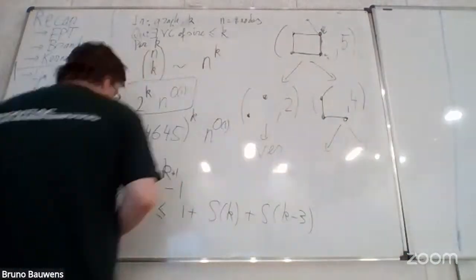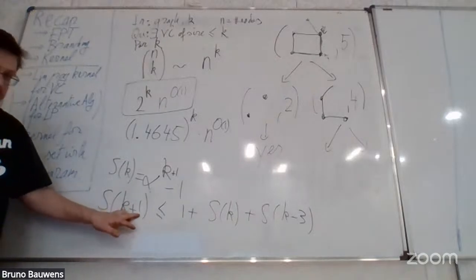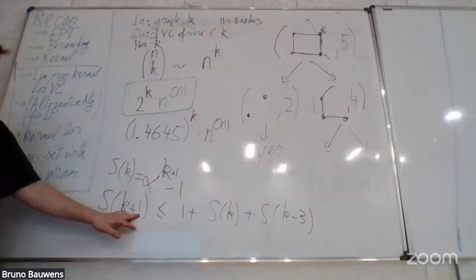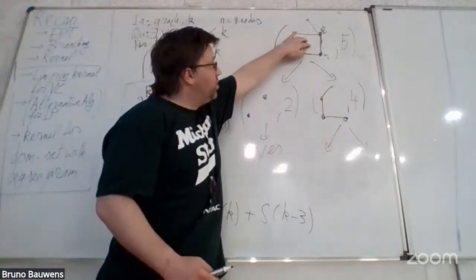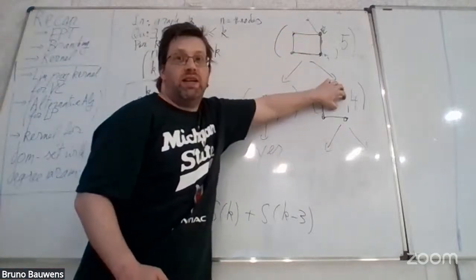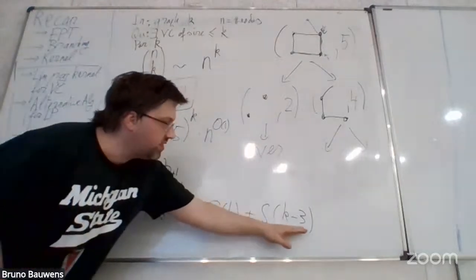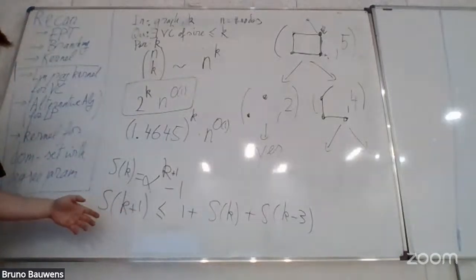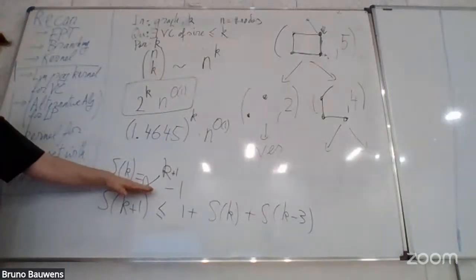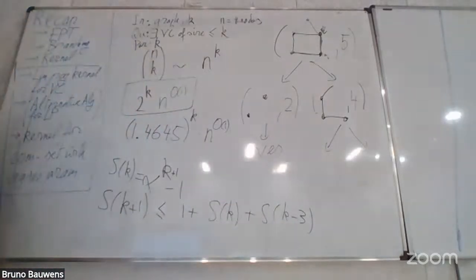Okay, so the size of the recursion tree. When we give it value k plus 1, how many nodes are in the recursion tree? We will have the root plus the size of the 2 branches, so S of k plus S of k minus 3, maybe S of k minus 5. But in the worst case, note that if k grows, size is larger, so the worst case is k minus 3.